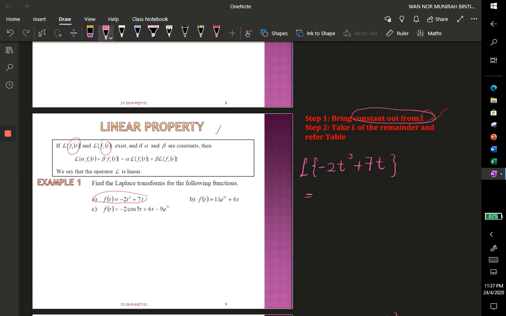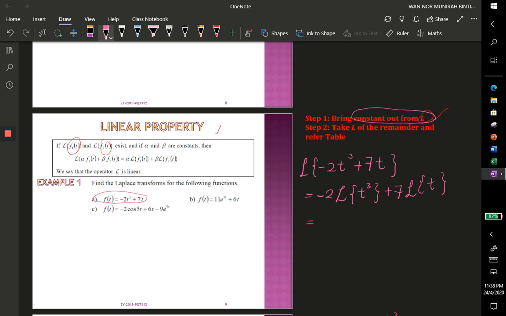So now we have negative 2 as a constant. Just take the Laplace transform of the remainder, which is t cubed. And then plus 7t; 7 is a constant. Take out 7, then take the Laplace transform of t. After that, you just refer to the table of Laplace transform.